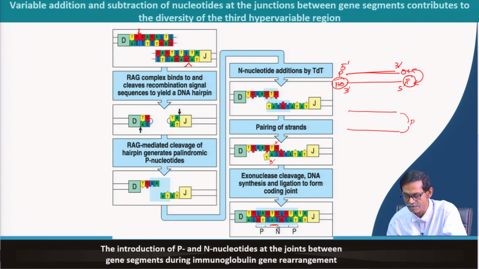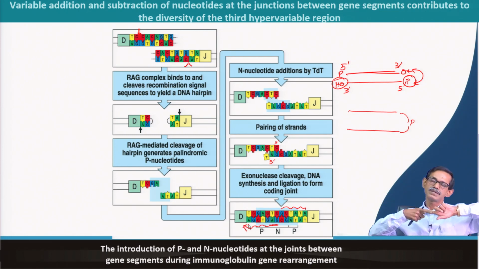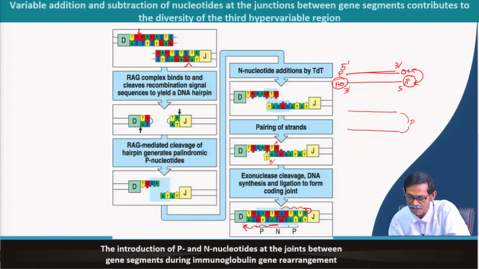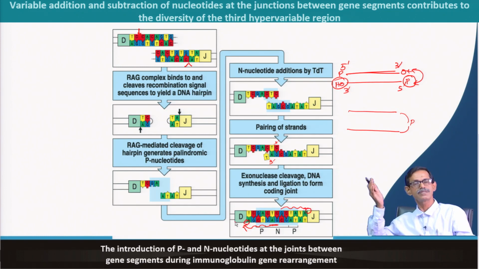This was paired during synthesis, then the rest of the part will be synthesized in this direction and this direction. DNA polymerase will fill up the gap, and definitely there is ligase, that ligase will join this end.